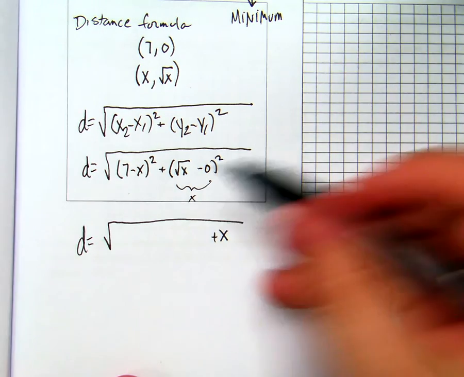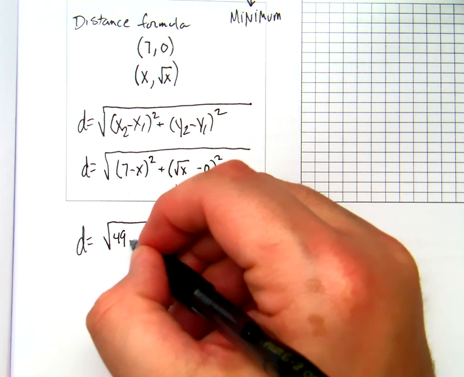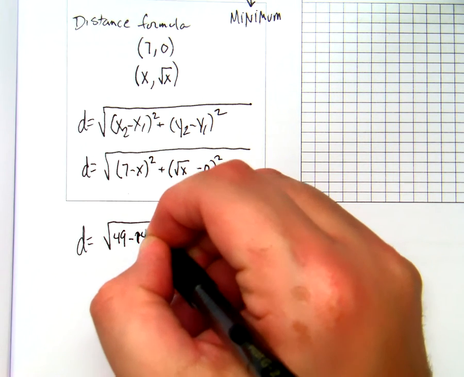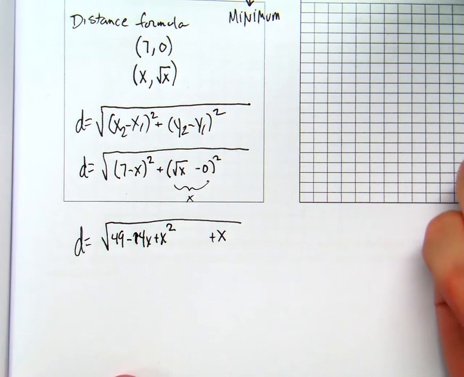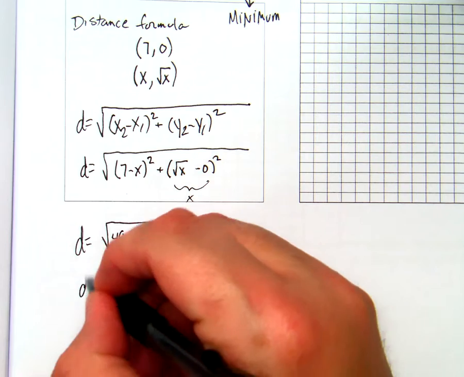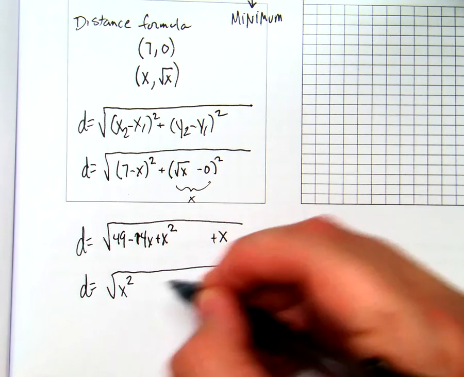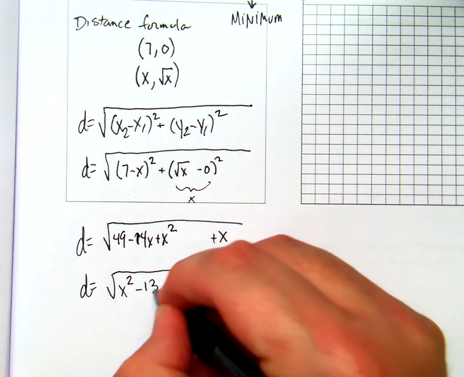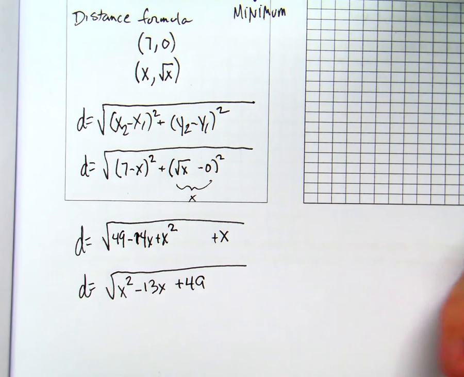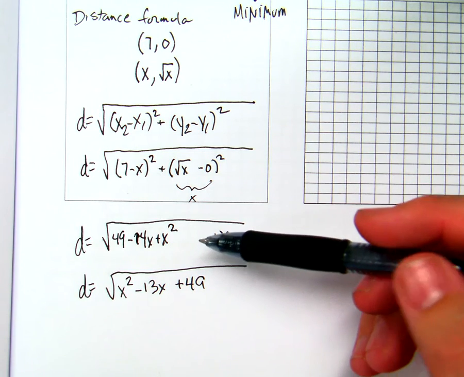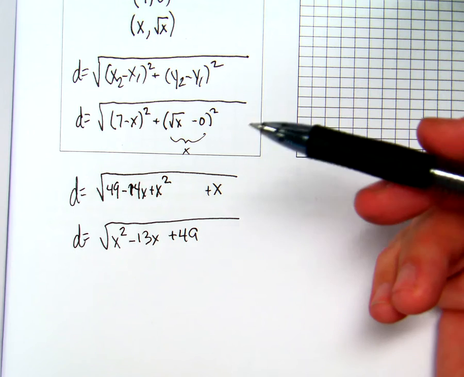Now here, I'll take 49 minus 14x plus x squared, and that's plus another x. So if I switch this all around, I'll get x squared minus 13x plus 49. Everybody with me there? I just rearranged this in the proper order. I haven't taken a derivative yet. I just simplified this down.